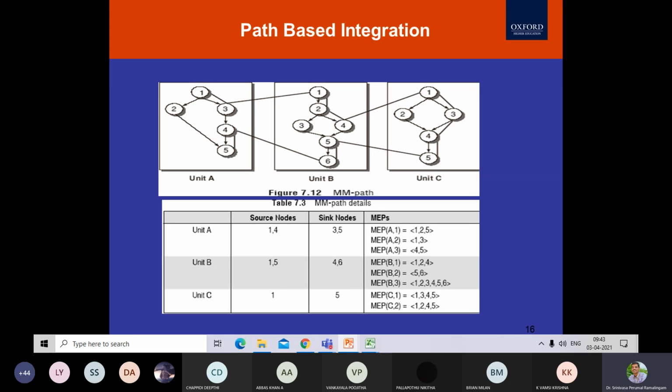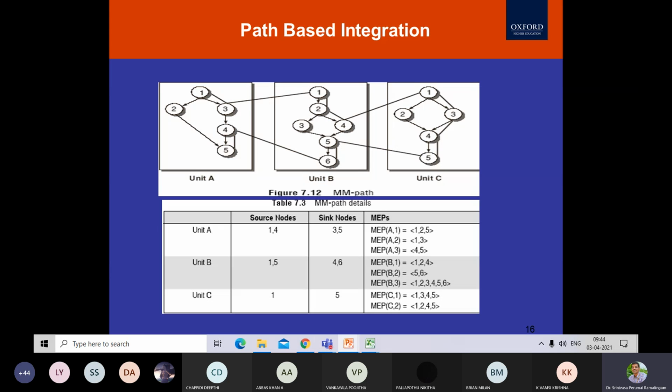That is the reason they mention that as the source node. Similarly, for unit C, from unit B to unit C, it is 1 and 5. So they mentioned the source node as 1, comma 5.